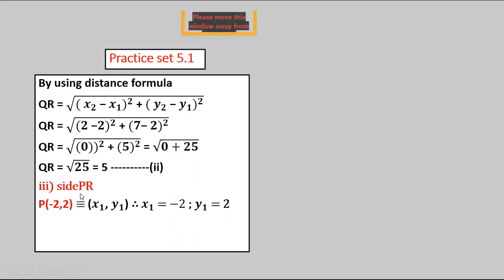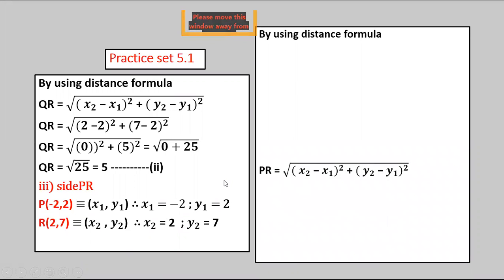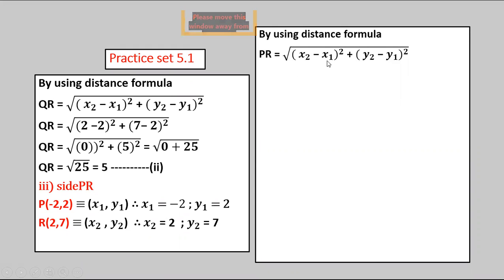Then next, to find distance PR, or length of side PR of the triangle. The coordinates of point P(-2, 2), consider as x1, y1, and the coordinates of point R(2, 7), consider as x2, y2. Therefore, by using the distance formula, PR is equal to square root of (x2 minus x1) square plus (y2 minus y1) square.